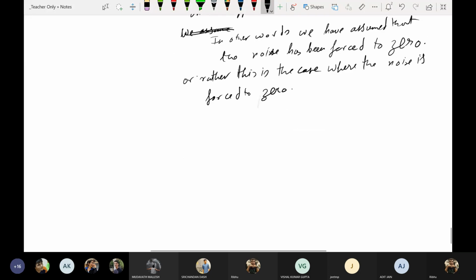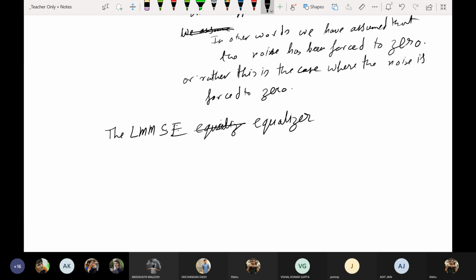The other equalizer is the linear minimum mean square error equalizer.